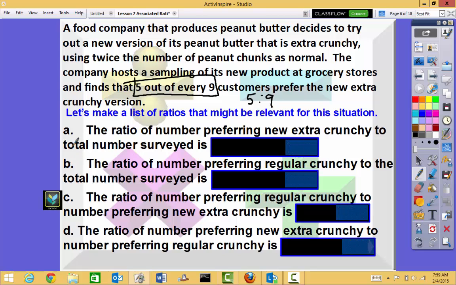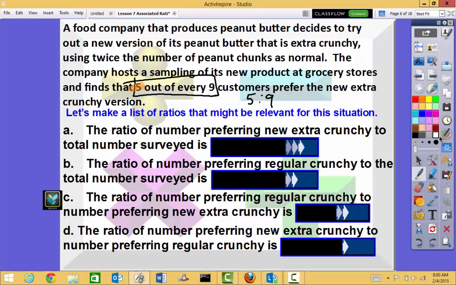So let's check and see what our question is asking us for. Make a list of ratios that might be relevant for this situation. So we're just using this information to write ratios. What is the ratio of people preferring new extra crunchy to the total number? Well, the people who like the new product, the extra crunchy, is this 5.